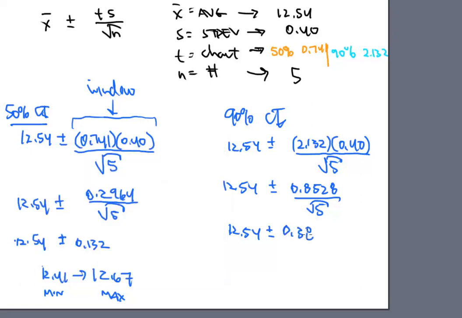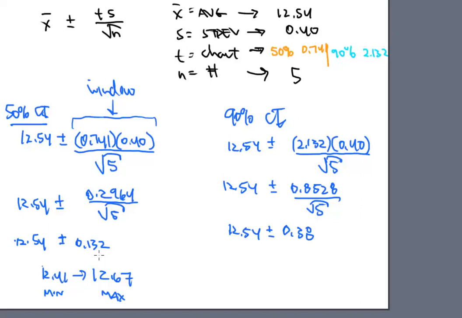So look at what happened to my window. 50% certain, my window's a 0.13. If I go to 90% certain, I better feel better about my number, about the result that I'm reporting, so my window becomes larger. And when my window becomes larger, I'm a little bit better as far as knowing that my true value is in that range somewhere.